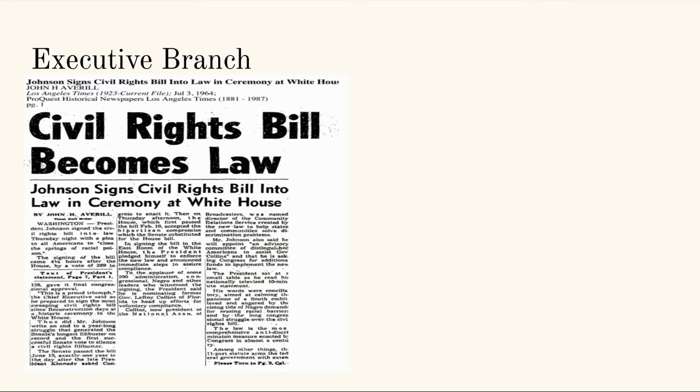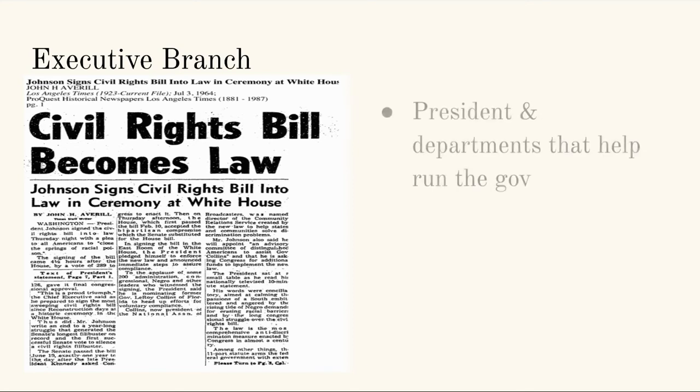The executive branch is the next branch of government, and its job is to carry out the laws. So you get the laws from the legislative branch. The executive branch has to make those laws work. Okay. The person in charge of the executive branch at the very top is the President of the United States.